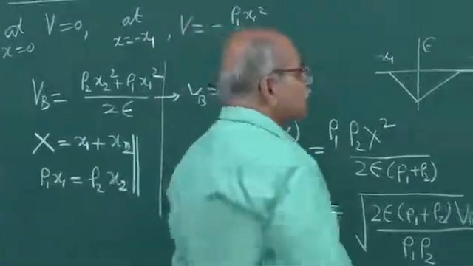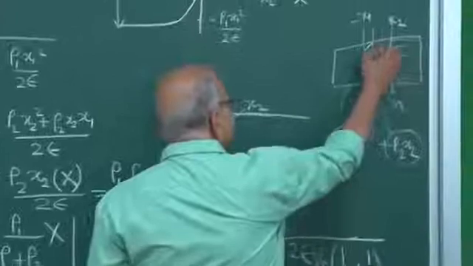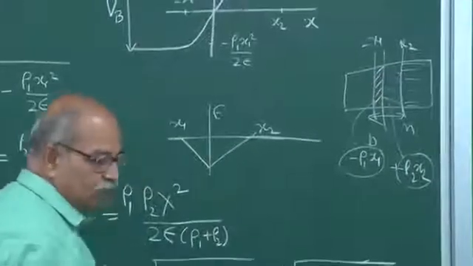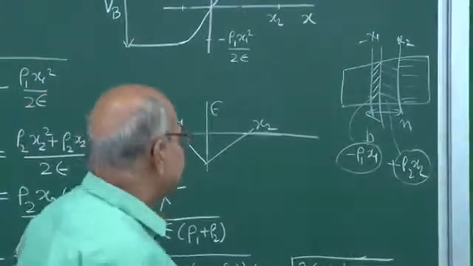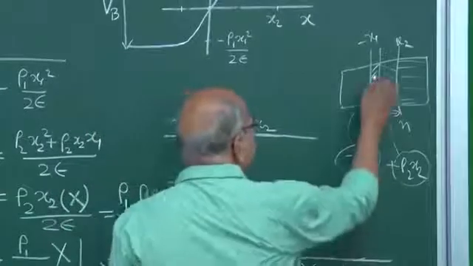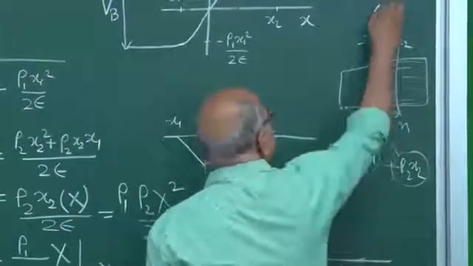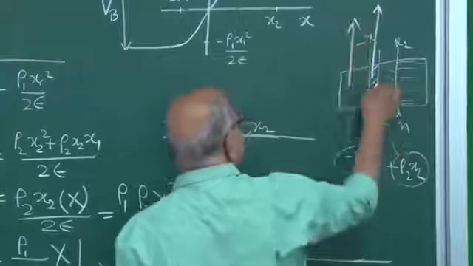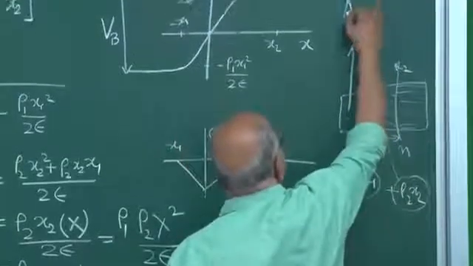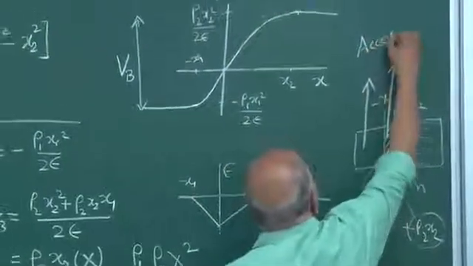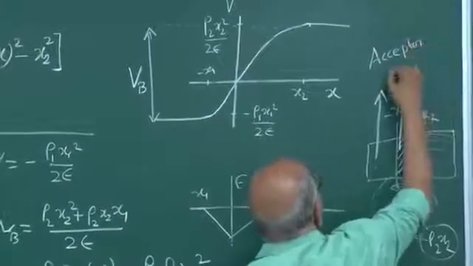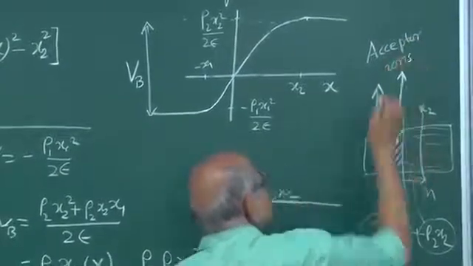Because how are you getting charges in the depletion layer? In the depletion layer you are getting charges because you have put impurities. This is P side, so you have put acceptor impurities. Acceptor ions are there, right?